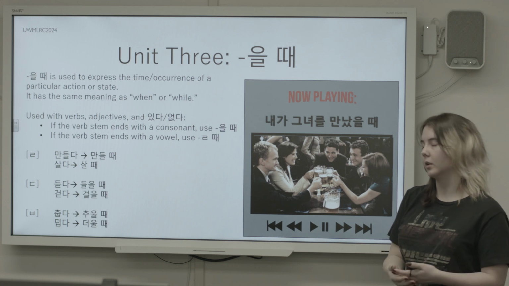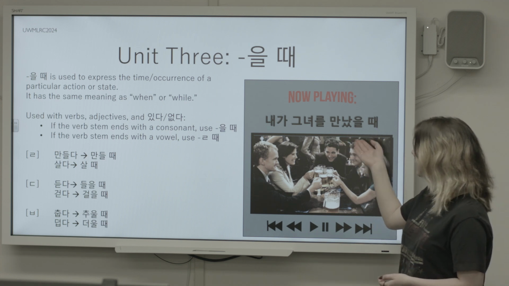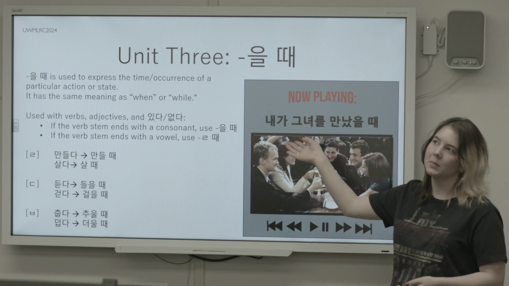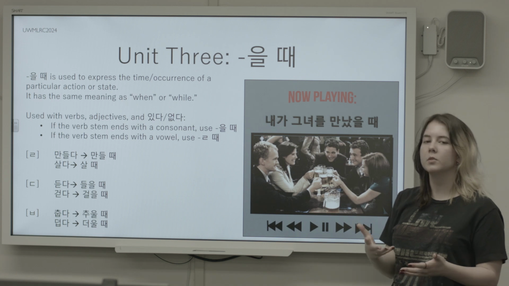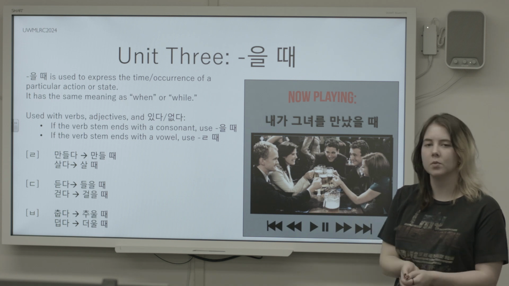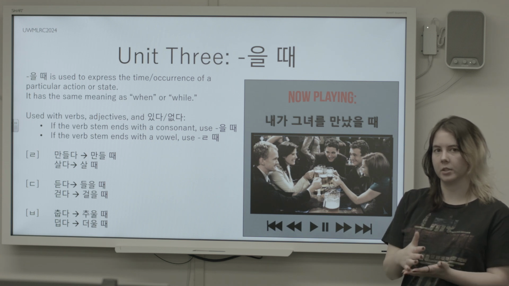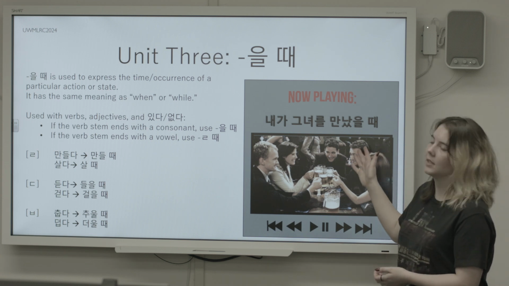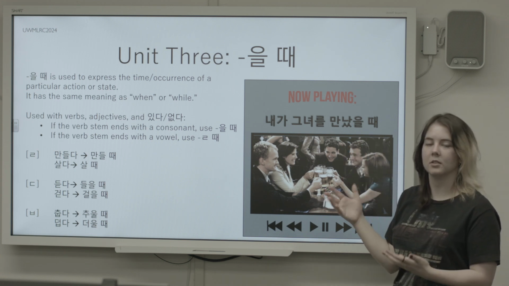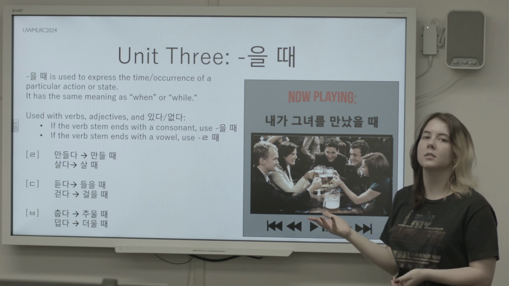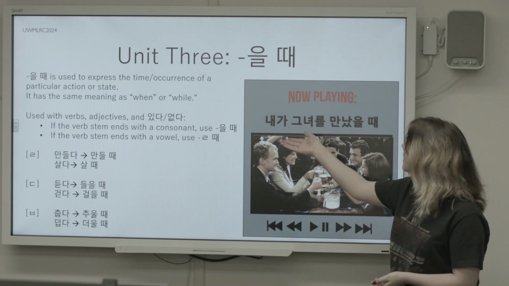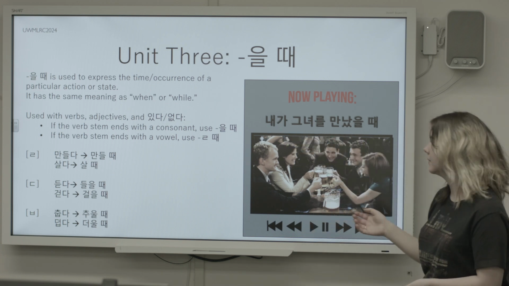Another past tense one. 만나다, to meet. 그녀 means her, but most people don't really use 그녀 in spoken conversation. It's more of a placeholder. And in this case, this is the Korean title of How I Met Your Mother. So the translation would be When I Met Her.